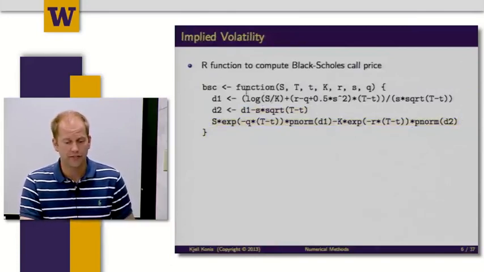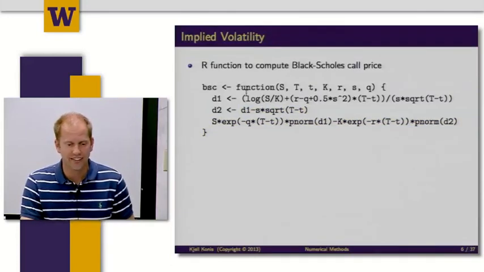I don't know if you guys are getting used to looking at R yet, but basically what I'm doing here is taking this expression and assigning it to a piece of memory, a variable called D1. Then I'm taking this expression, assigning it to a variable called D2.